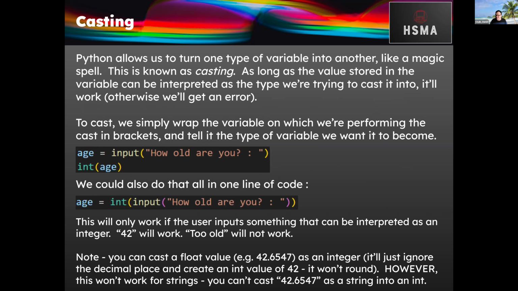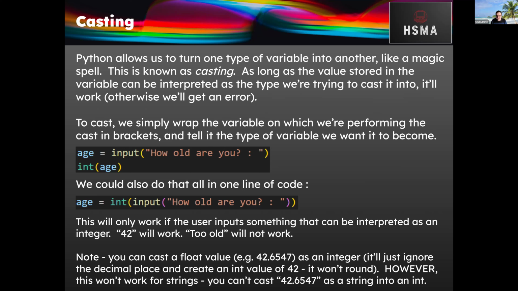And basically, casting is where we turn one type of variable into another. It's a bit like casting a spell. Okay, so we turn one variable type into another variable type. And we can do this as long as whatever we are trying to turn that variable into will work as that variable type and can be interpreted in that way, then it'll work. The spell will work.